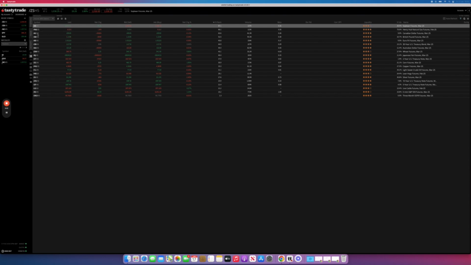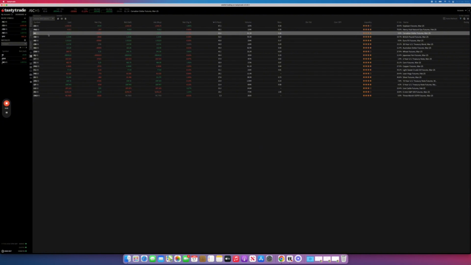Okay, so we've got our first currency here, which is the Canadian dollar futures. Now it has an IV rank of 63.6. It's very liquid. Pretty much all futures are extremely liquid, so there's no issues there, and it has an IV level of 9%. Now you might be thinking 9% is quite low.